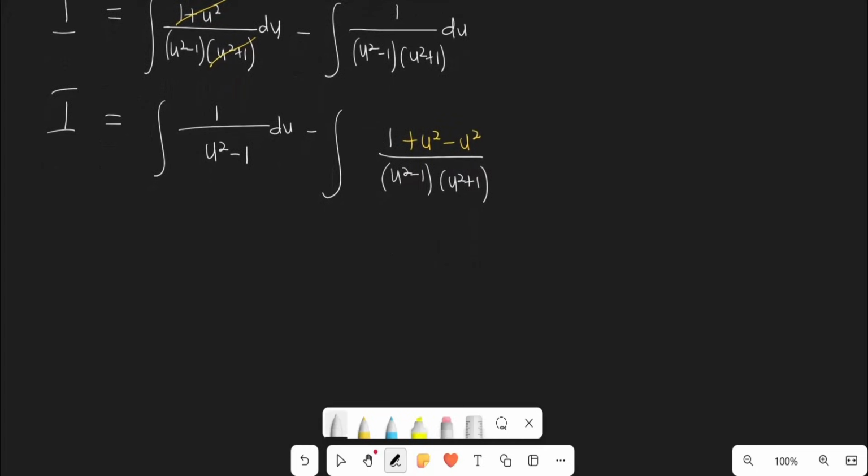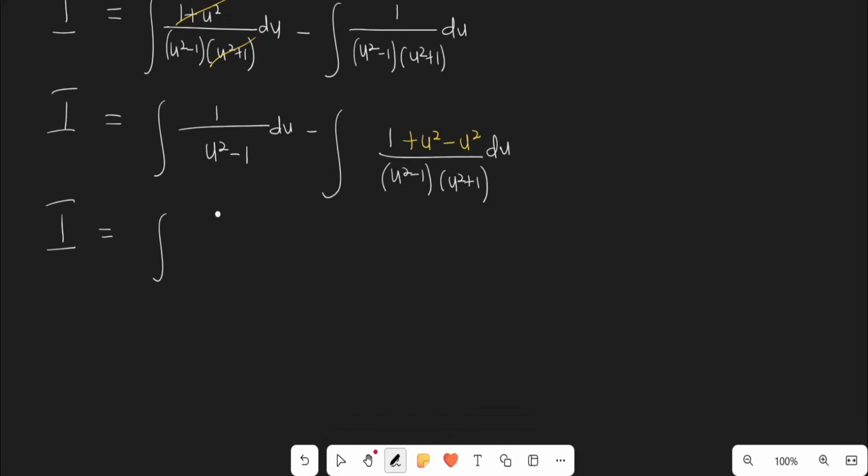Okay, this is what we have, and now we are going to split the second one into two different integrals. So we have I equal to the integral of 1 all over u squared minus 1 du minus, splitting this one into two integrals, 1 minus u squared plus u squared, divided by u squared minus 1 times u squared plus 1 du.